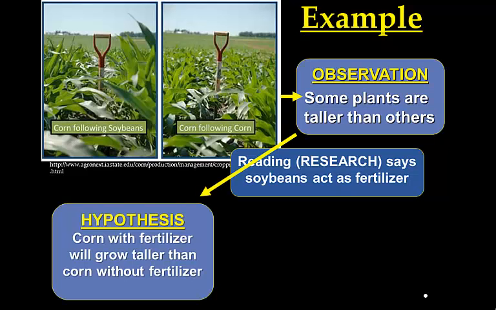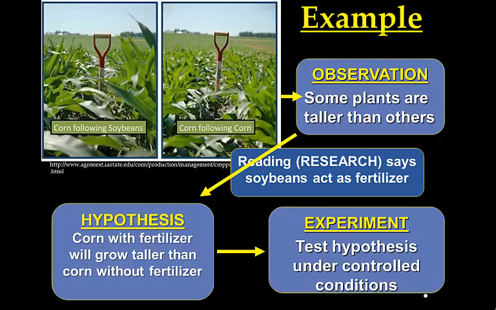Using this information, the hypothesis is formulated. Corn with fertilizer will grow taller than corn without fertilizer. The hypothesis is testable and falsifiable. Now it's time to develop the experiment.